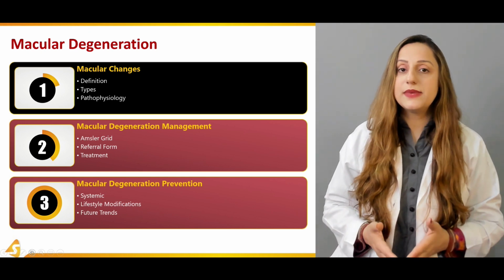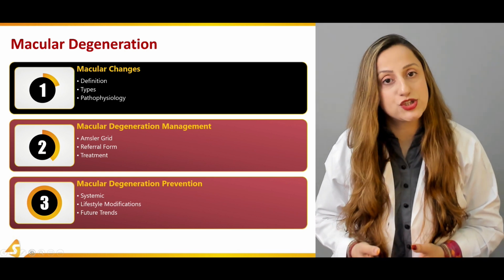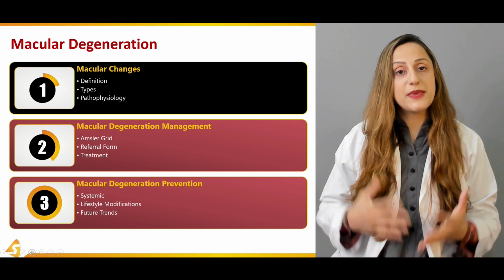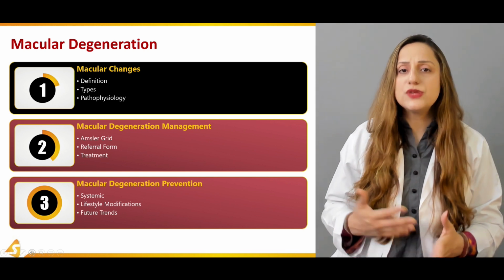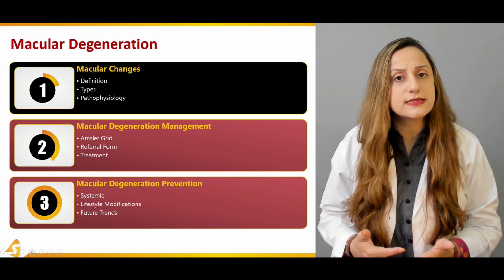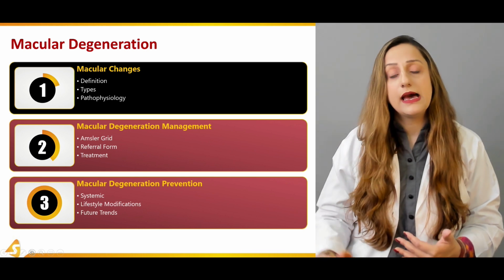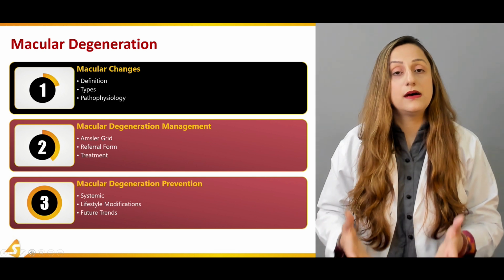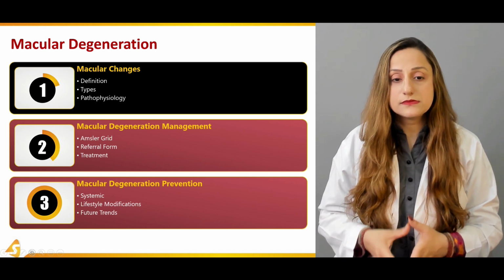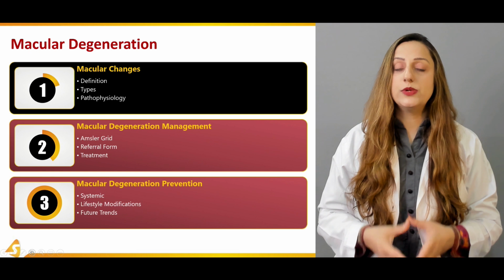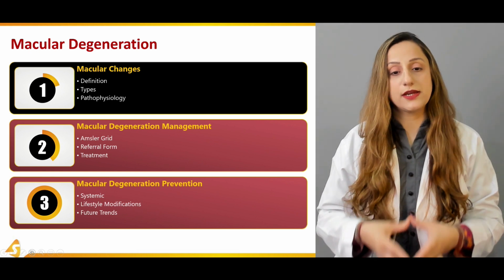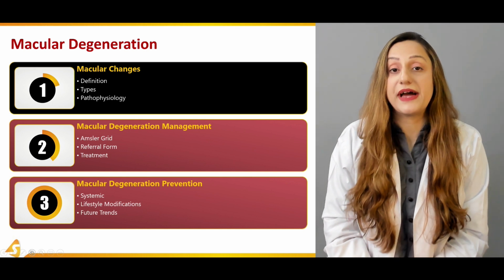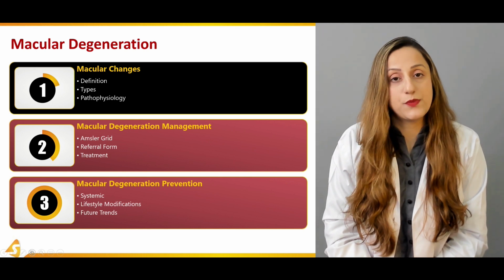The dry variety basically comprises the atrophic changes, and the wet variety of macular degeneration refers to the exudative changes due to inflammatory processes or infections that can again damage the macular structures. So first of all, we'll be defining this macular degeneration. How we go about defining this condition is very important.